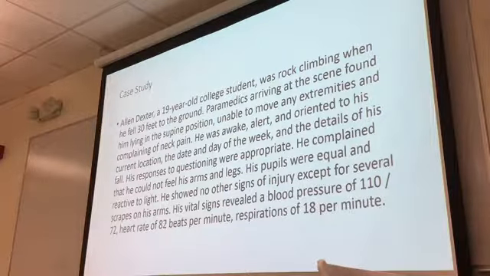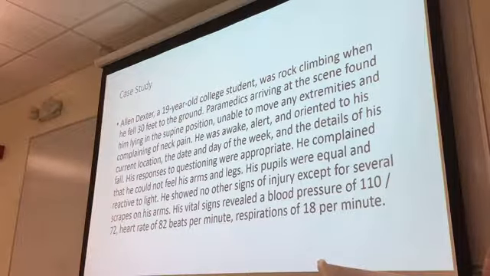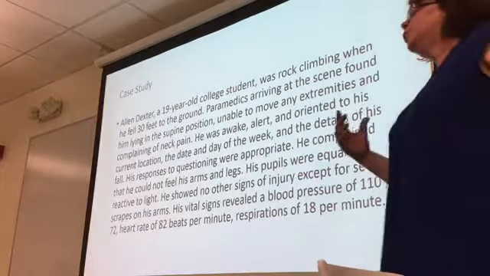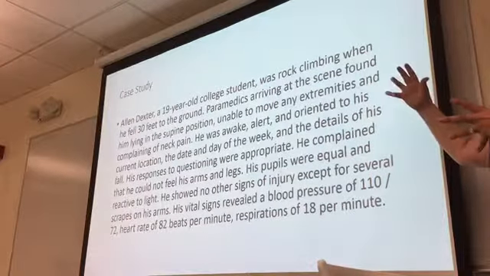His responses to questioning were appropriate. He complained that he could not feel his arms and legs. His pupils were equal, round, and reactive to light. He showed no other signs of injury except several scrapes on his arms. His vital signs revealed a blood pressure of 110/72, heart rate 82, respirations 18. So what would be key right now at the scene of injury?